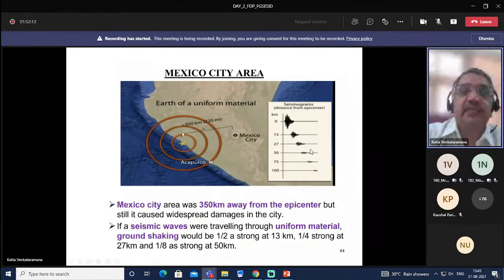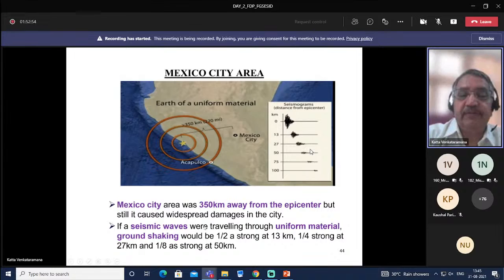Mexico City is about 350 kilometers from this point of rupture, the epicenter of the earthquake. Still, it caused widespread damage in the city. If the ground conditions are uniform, and this is the shaking at the start, then as you move away, for example 13 kilometers, 27 kilometers, 50 kilometers, the values go on decreasing.